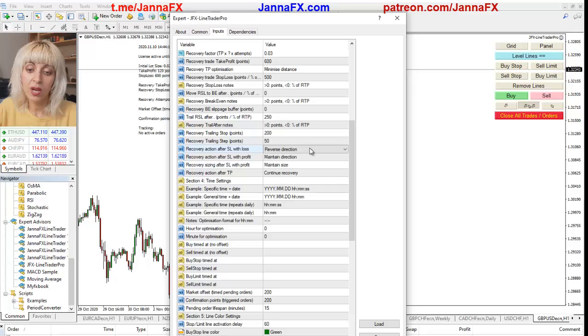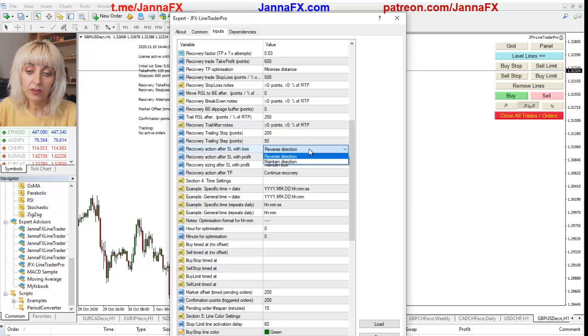So that means, for example, if you bought and it turns around and you hit the stop, it will sell, and the other way around. Now, for example, if you want to maintain direction, I will be giving you all those examples afterwards, guys, in separate videos, and you'll understand how it works. I'm just explaining to you. If you are a quite advanced trader, you would understand all of this anyway. So I'm just giving you the overview of the possibilities, what can be done now.